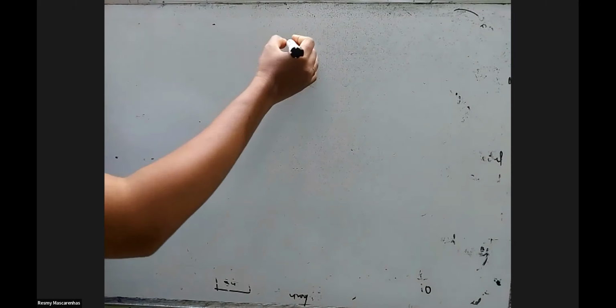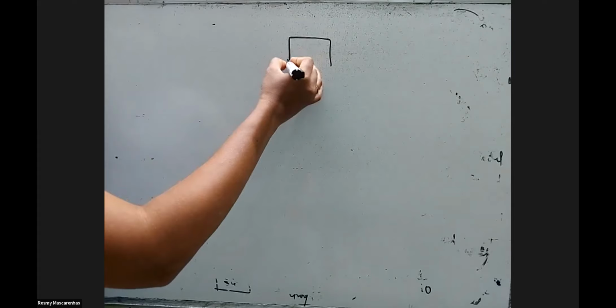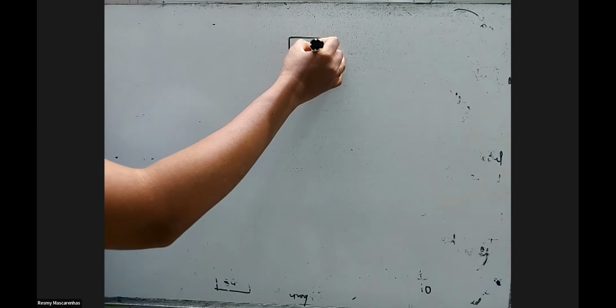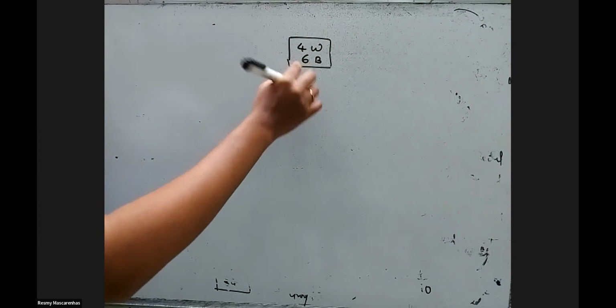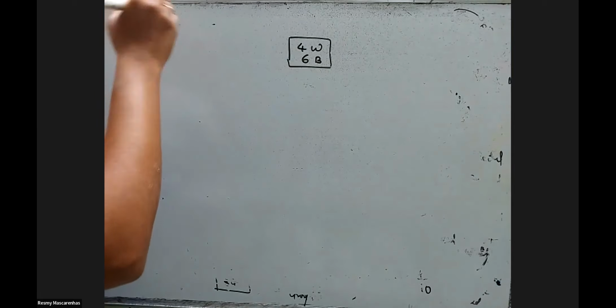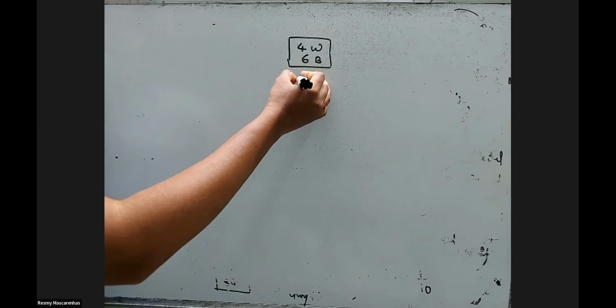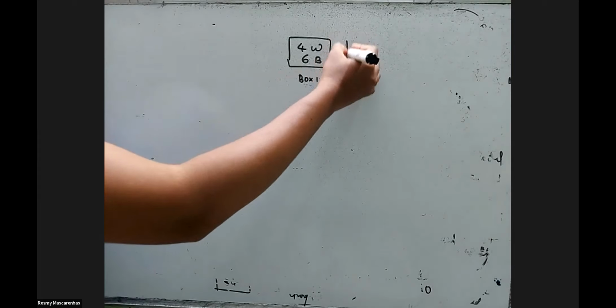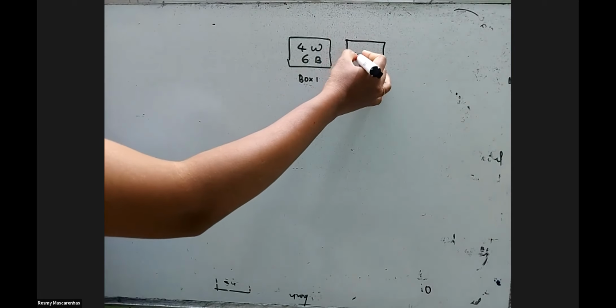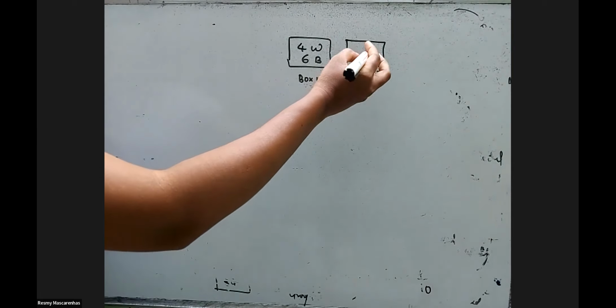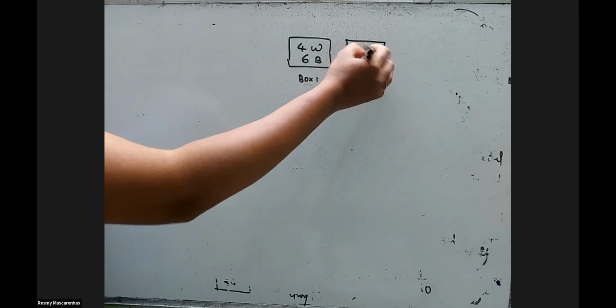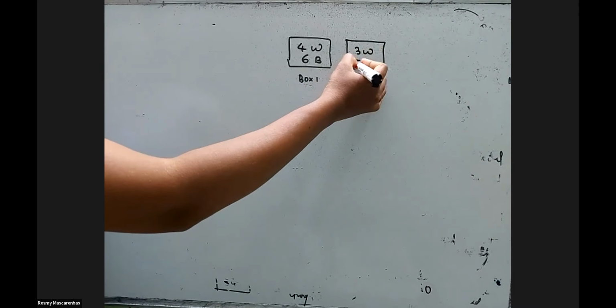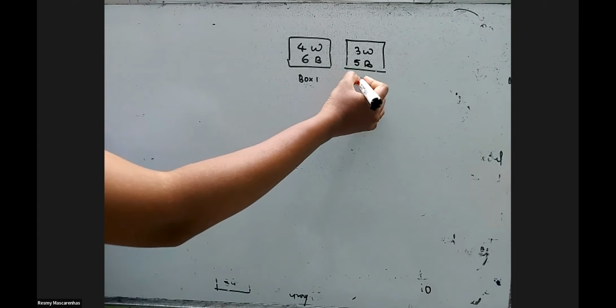So what you need to do is: the box contains 4 white and 6 black balls. This is the first group, means box 1. Box 2 contains 3 white and 5 black balls. This is box 2.